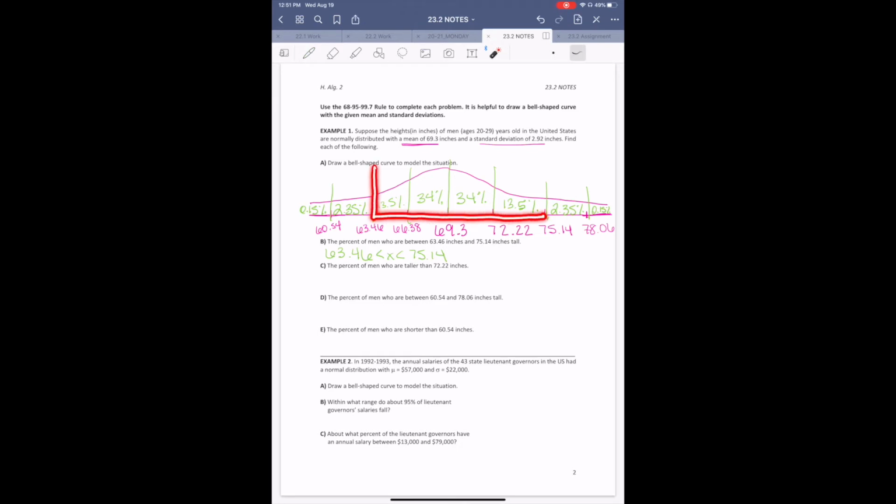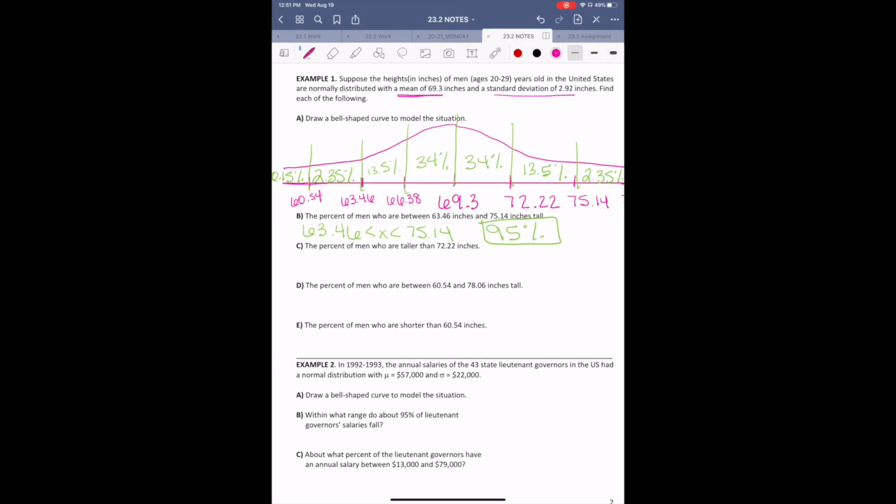How much data is in this area? Add those percentages all together, or actually just by looking at the bell curve, you should know. 2 standard deviations above and below means that 95% of our data is within those values.